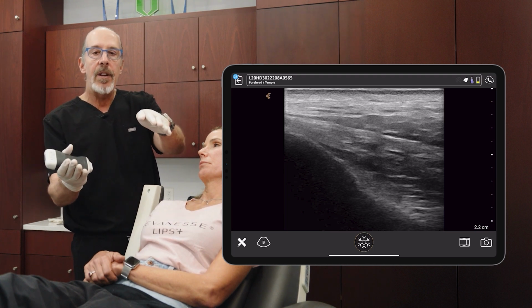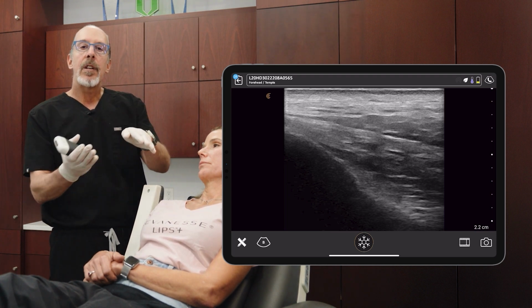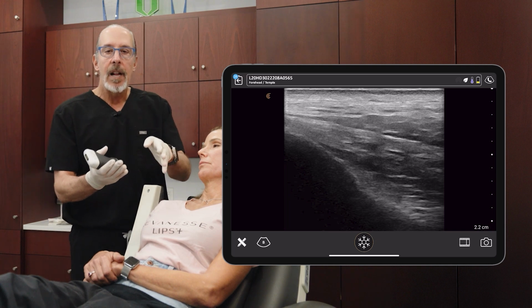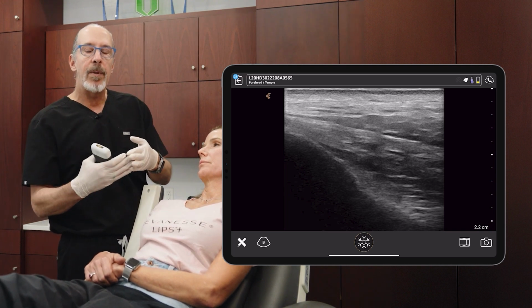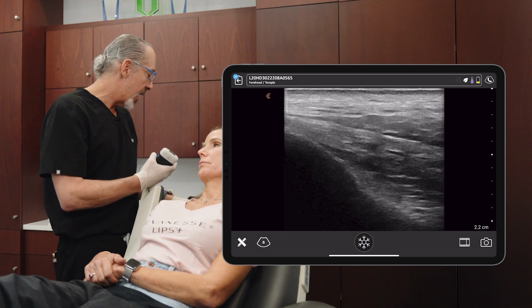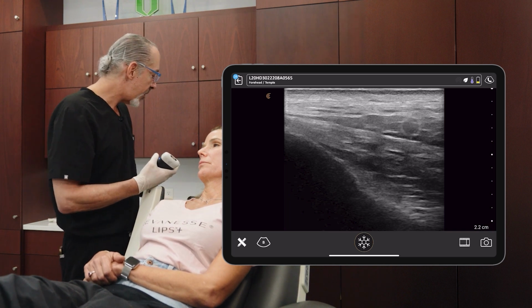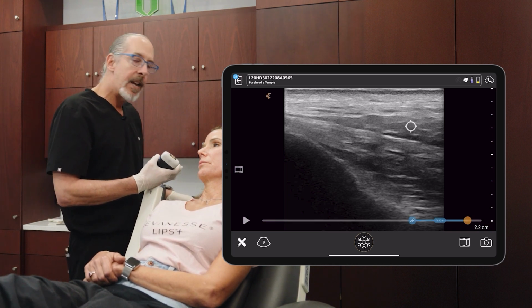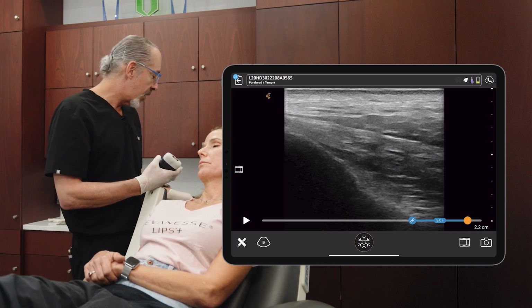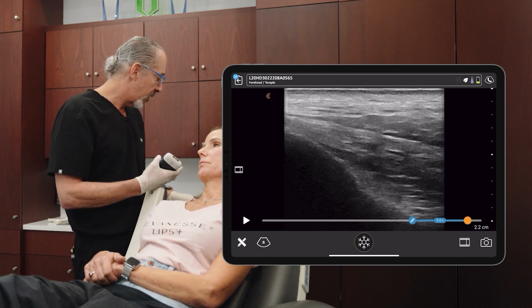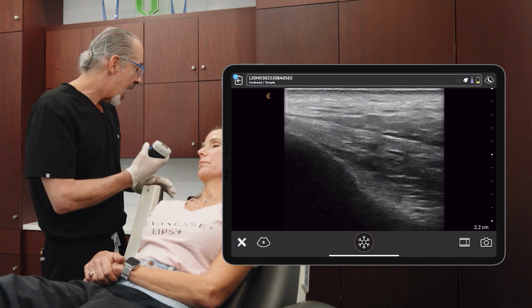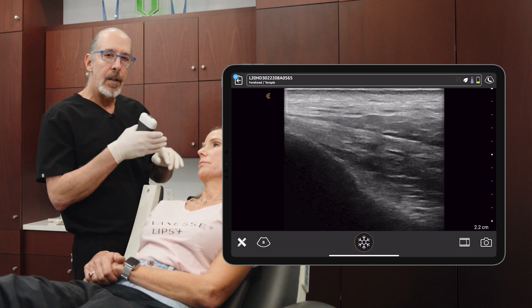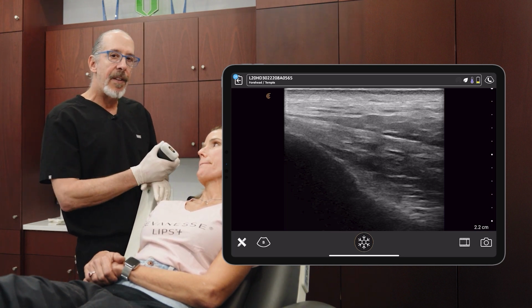It splits into a superficial layer of the deep temporal fascia and a deep layer of the deep temporal fascia. And in between those layers, there's a couple names for this fat pad. I like to call it the intermediate temporal fat pad, but it's also called the superficial temporal fat pad. And that's right here. And then this layer here is going to be your superficial layer of your deep temporal fascia, which is right there. Now, you see a little black area just above that fascia.